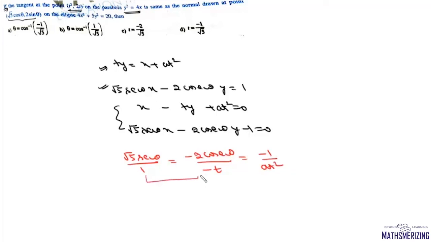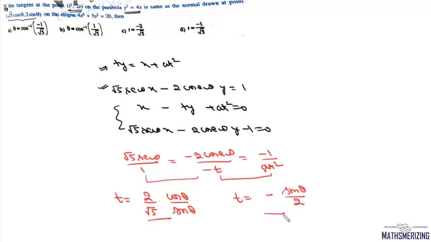We'll take these first two expressions, then we can write t as 2 upon root 5 cos theta upon sin theta, and if we take second and third, then from there we can write t as... Now value of a for this parabola is simply 1. So we'll take this a as 1. So we can write this t as minus sine theta by 2.